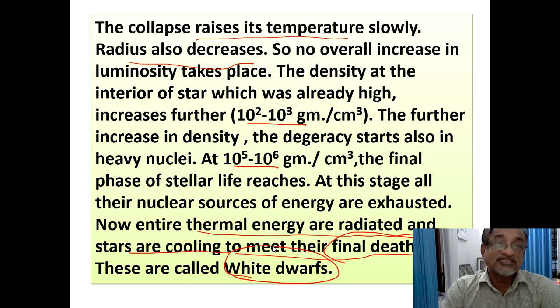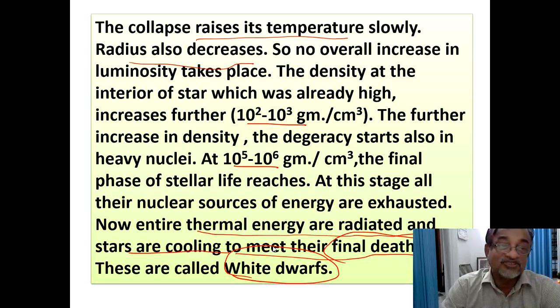So volume decreases, normally radius also decreases. And as we have mentioned earlier, the density of the interior of the star is very, very high. That is about 10 square to 10 cube gram per centimeter cube, which is further increased.